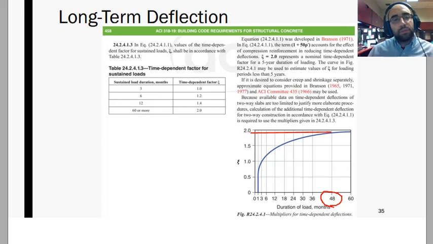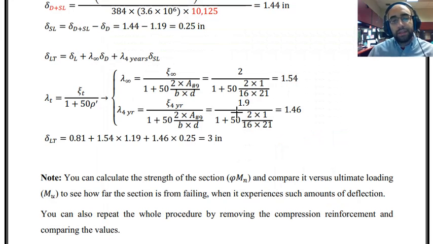Let's say 1.9. And then 1 plus 50 rho prime is the same that we calculated earlier. Calculating this, we can see the factor is equal to 1.46, and that is the value that I can use in the equation. So lambda 4 years is equal to 1.46.